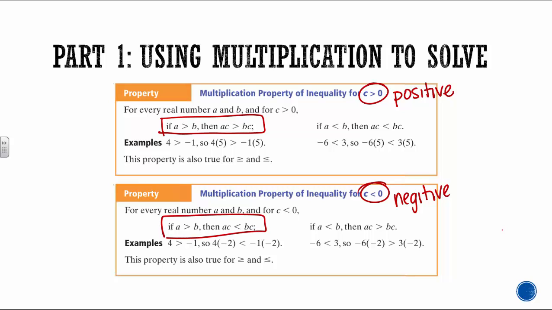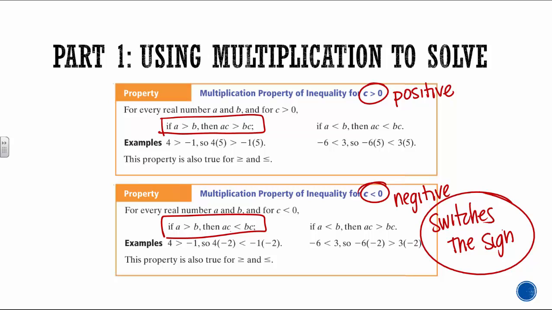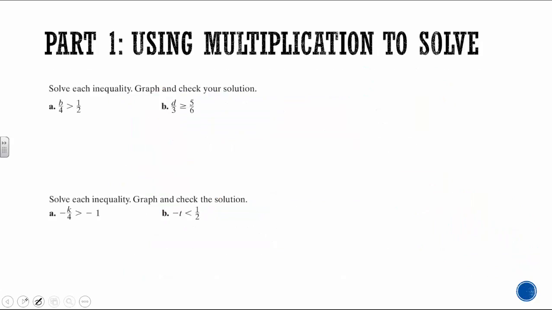So if A is greater than B, then AC has to be less than BC. A negative number switches the sign. Zero isn't on here because if you multiply by 0, you end up with something equal, and we don't really care about that.